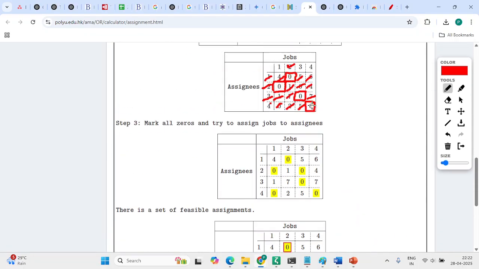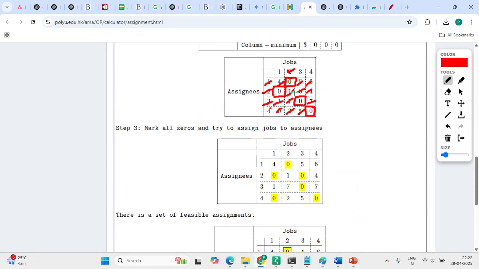Once we have identified zeros here, these locations are first row, second column, second row, first column, third row, third column, and fourth row, fourth column.